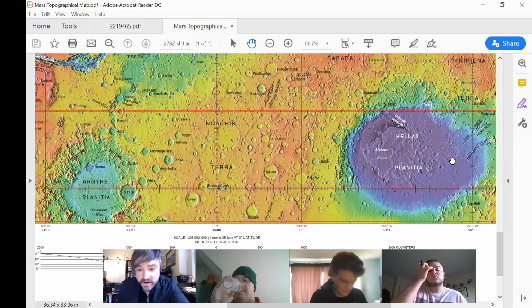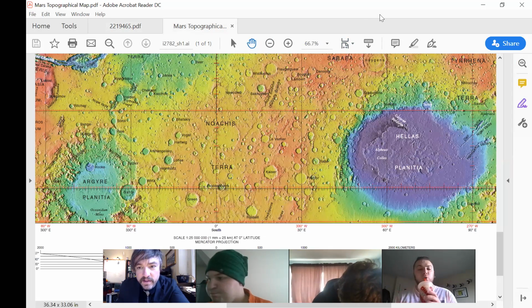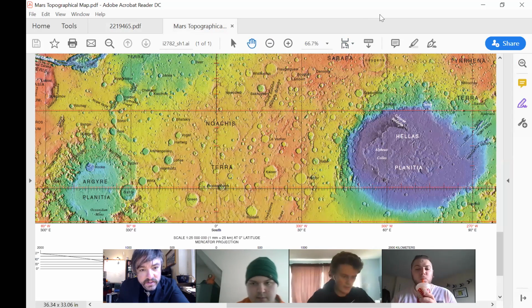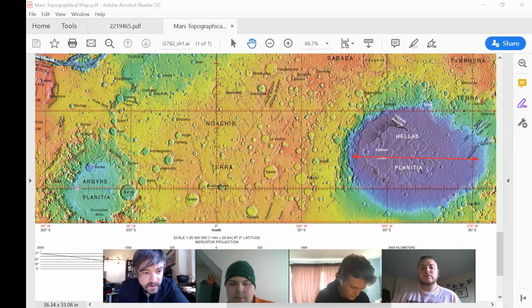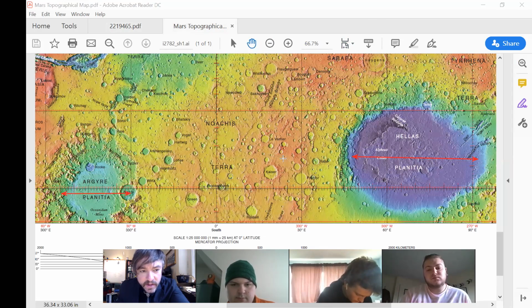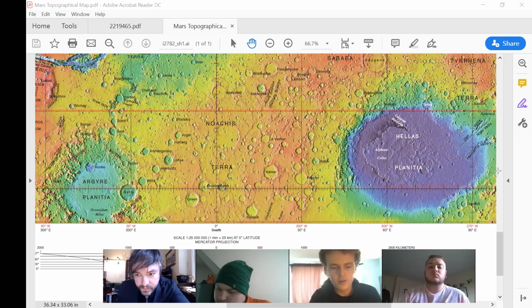Now, guys, at first this looks obvious. Heavy bombardment is here and it's smoother over there. But I have to ask you guys, how do you feel about the size of these impactors? Are these a sort of garden variety impactor, or are these sort of extraordinarily sized impactors? How big are these things anyways? Let's see if we can take them down. I'm going to teach you guys a little bit about maps here, okay?